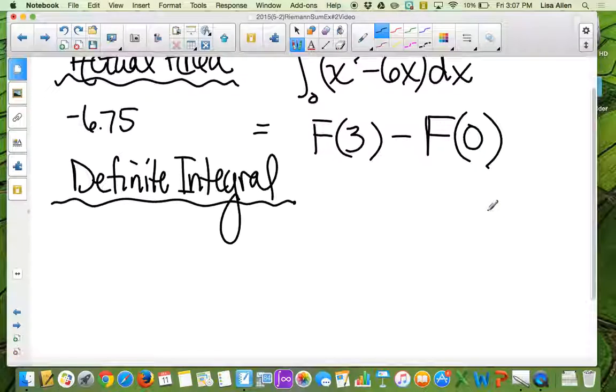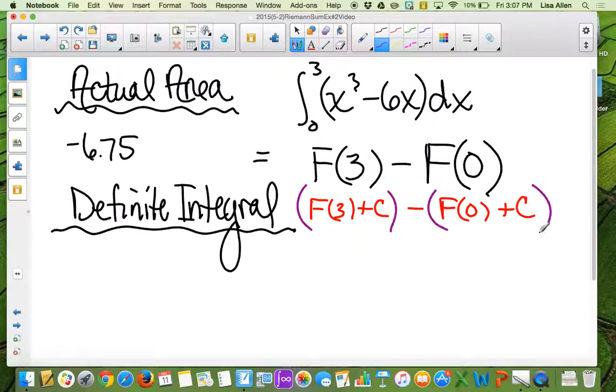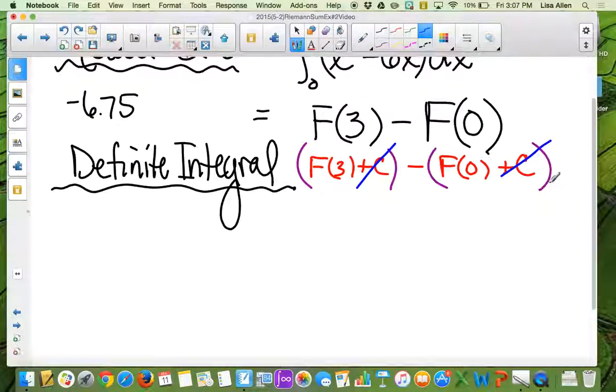So when we compute this, you have to remember that the antiderivative is really F of 3 plus c minus F of 0 plus c. When you compute the definite integral, the c's are going to cancel, so it doesn't matter what the constant is. So you just evaluate F of 3 minus F of 0.